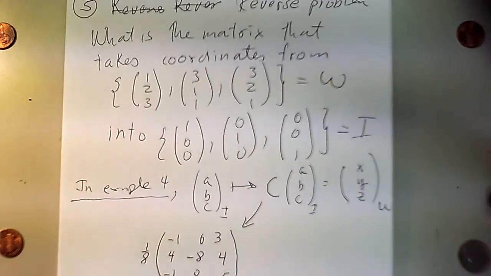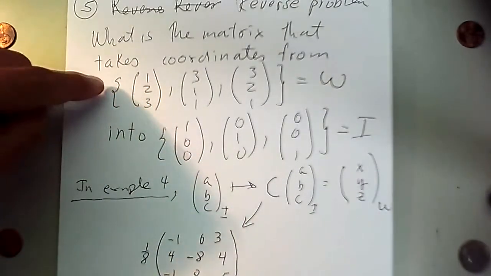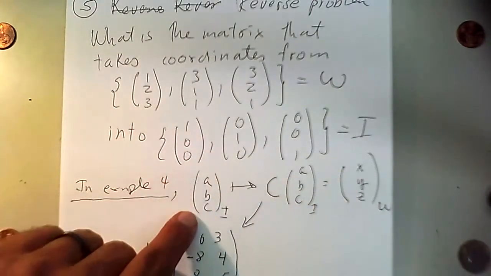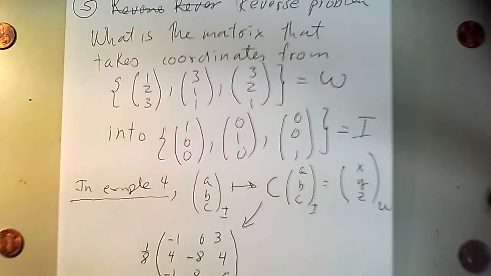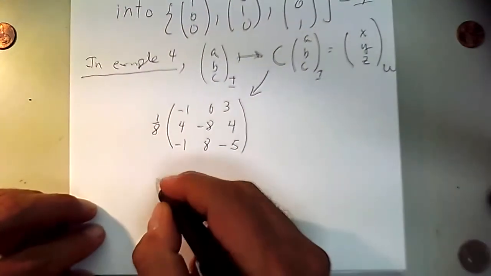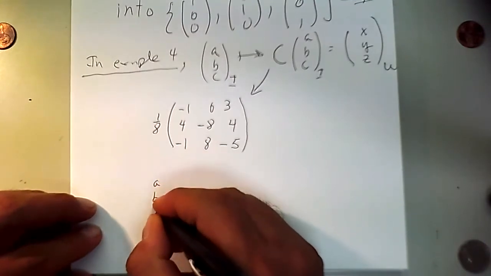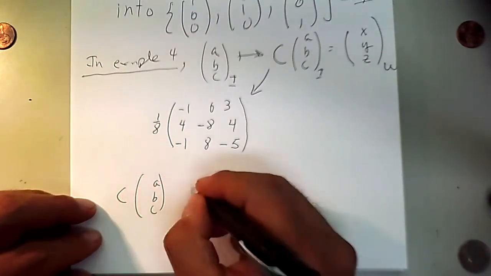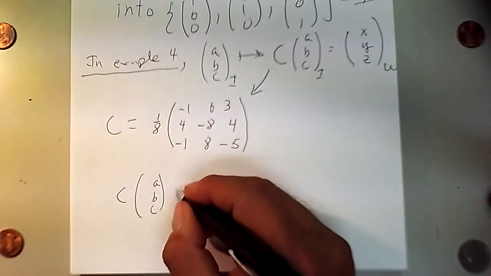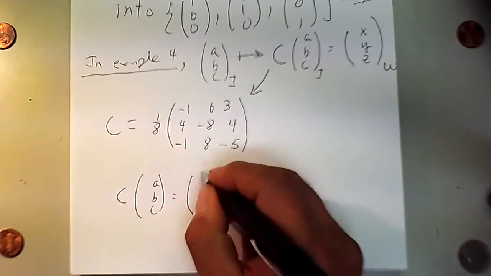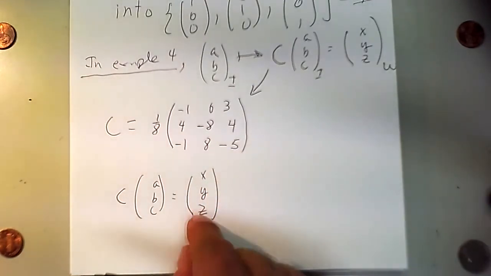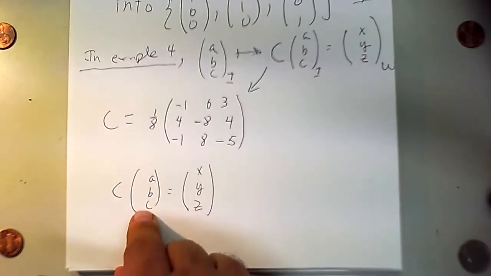But now we have the reverse question. Let's say you are given X, Y, Z, and we want to come back to A, B, C. Think about that. So again, we have A, B, C multiplied on the left by C, and we want to end up with X, Y, Z. What if we start with X, Y, Z and we want to end up with A, B, C?